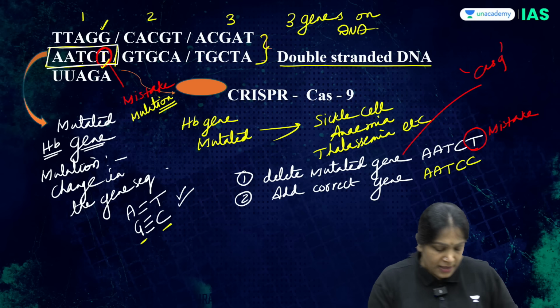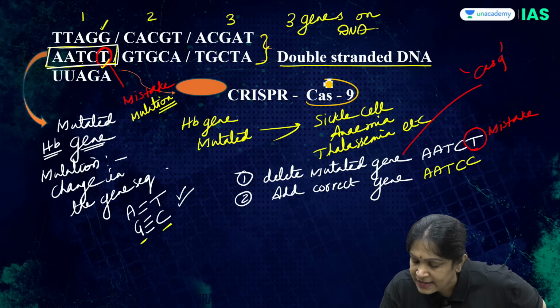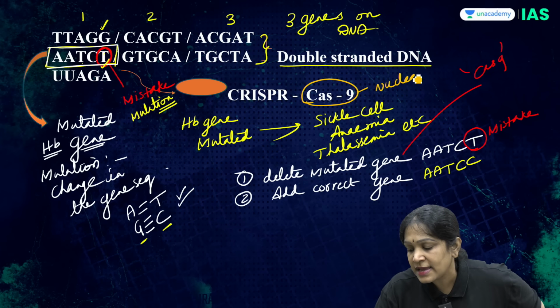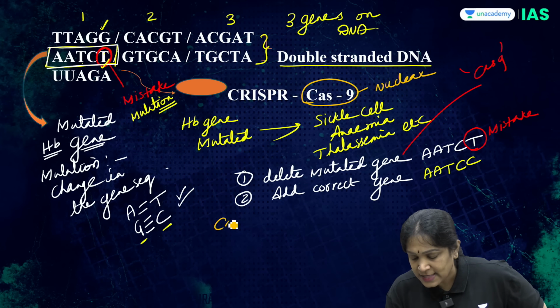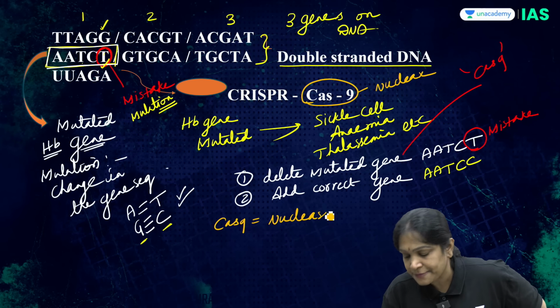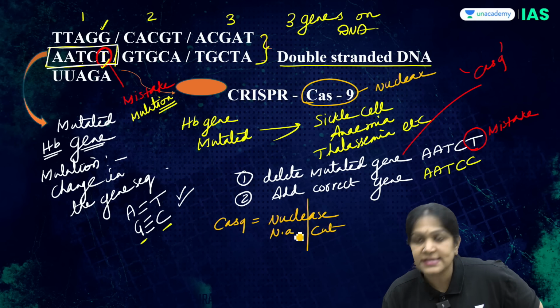In CRISPR Cas9, this Cas9 is a nuclease. What is Cas9? Cas9 is a nuclease. In nuclease, ase means cut. Nuclei means nucleic acid.